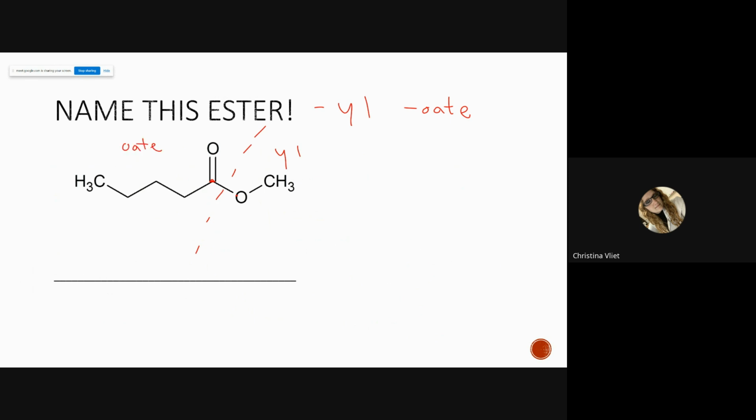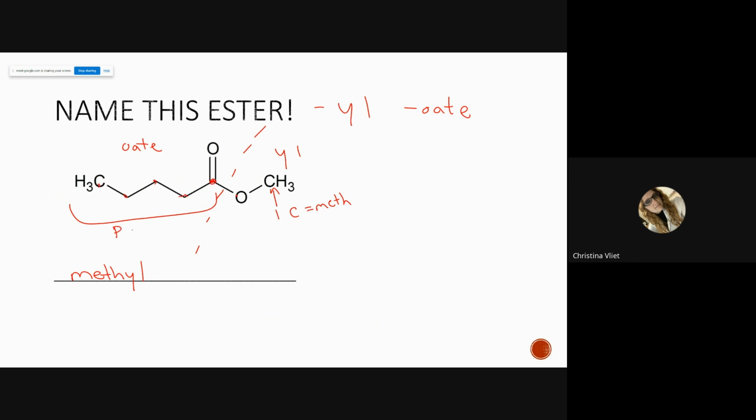So count the carbons for the ill side. How many? 1. Prefix for one carbon? Meth. So methyl. Right? 1 carbon equals meth. So it's methyl. On the other side, you have to do the pentane and just drop the E. Remember, it's 1, 2, 3, 4, 5.